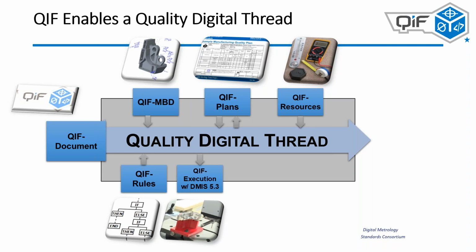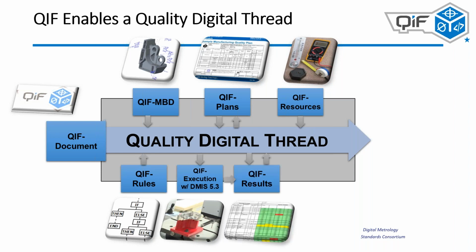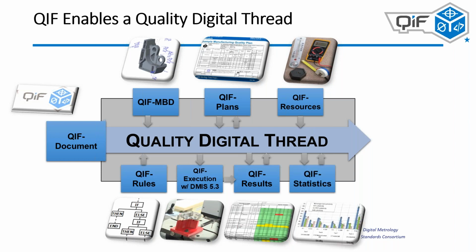Then that could be exported out through the QIF execution with DMSC 5.3 or other execution software, and then those measurement results can be retrieved and put back into the QIF document, reconnected with your plans and your features, and then statistics could be happening as well. So this is a good little graphic that shows you that you can use one or many of these QIF applications as part of your QIF document.